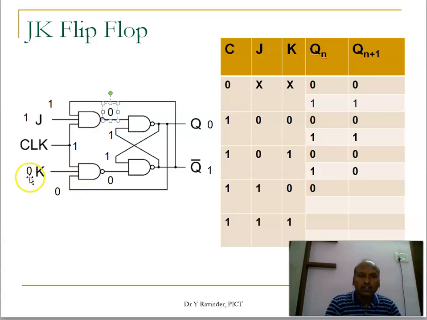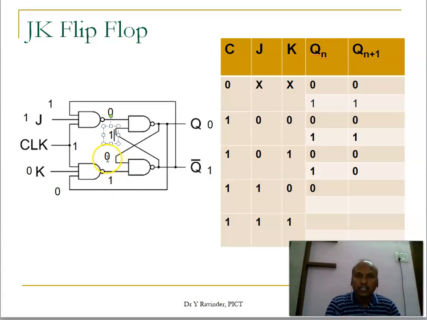Now this is 0, this is 0, this is 1, this becomes 1. Now this was 0, so this 0 will also come here and this one will go here.